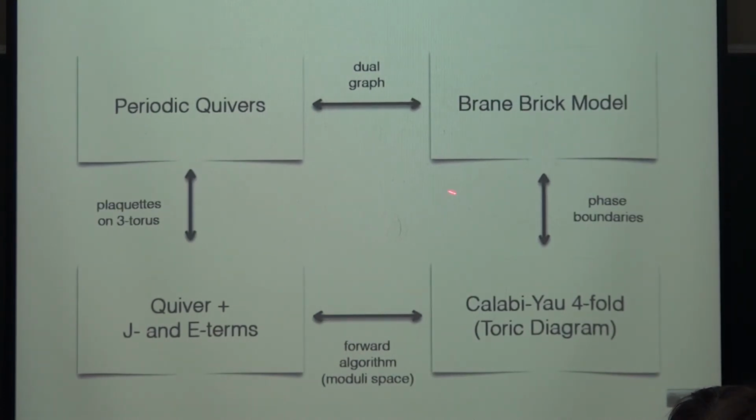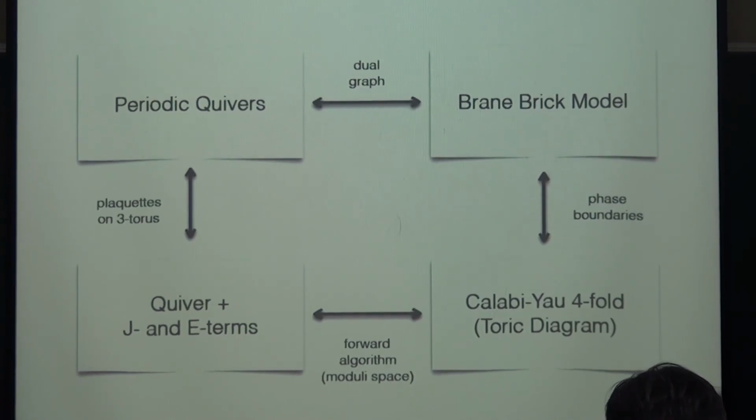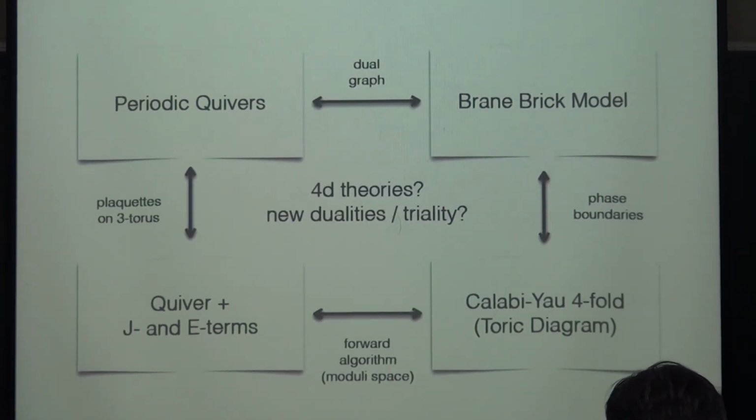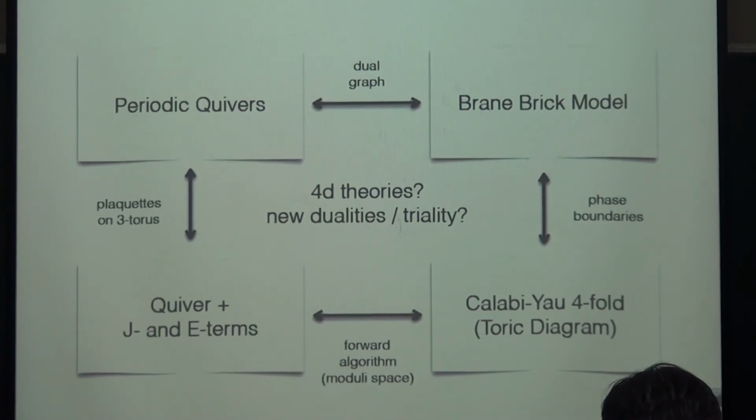So here I told you about periodic quivers, data coming from quiver and J terms, periodic quivers, brane brick models, and Calabi-Yau fourfolds. All of them are united by this picture of the tessellation of the 3 torus. Now, for future purposes, we would like to answer questions like studies that have been made for 2D 0,2 theories in general.